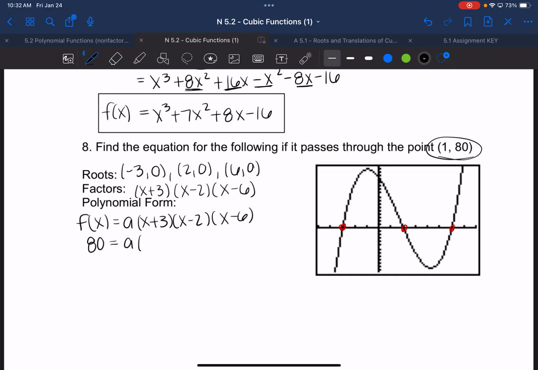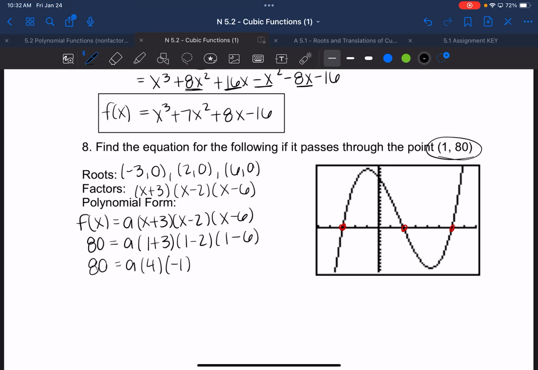And what are we plugging in for all the x's? 1. So we'll have 1 plus 3, 1 minus 2, and 1 minus 6, right? Okay, and what is 1 plus 3? And 1 minus 2, right?